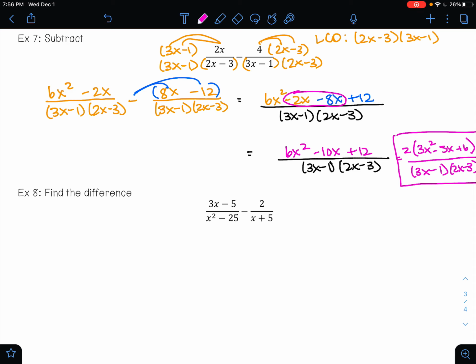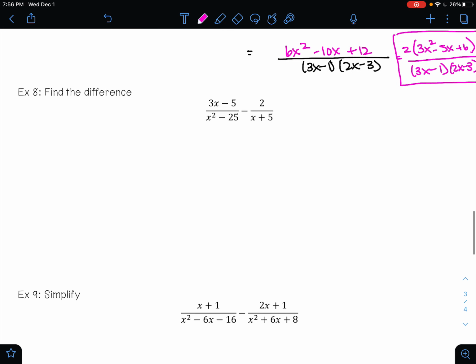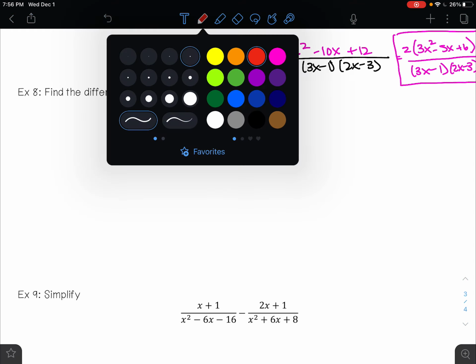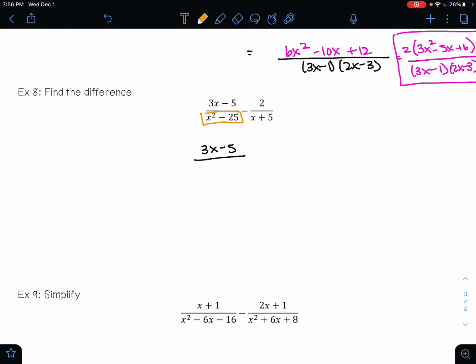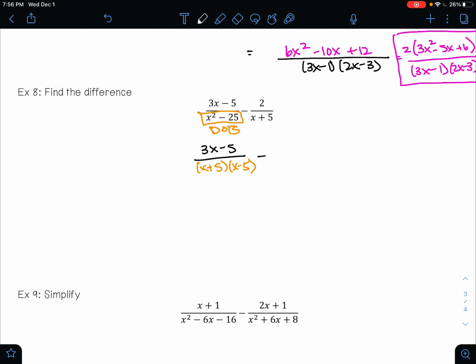If we look at example 8, what we need to do first is factor our denominators. So for this first fraction, I'm going to have 3x minus 5 over, this is a difference of 2 squares, and so I can factor that as x plus 5 times x minus 5, minus 2 over x plus 5.